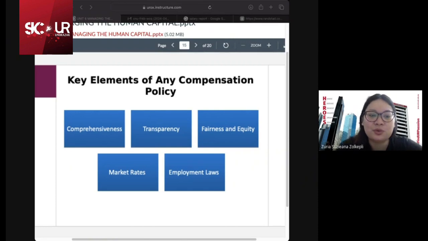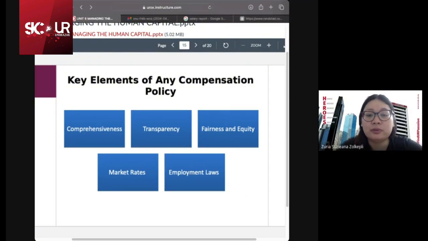Imagine that your worker has the same responsibility, same position, similar nature of company and so on, but yet is paid much less than other companies. So definitely it can affect their motivation. So at least you are on par with the market rate.